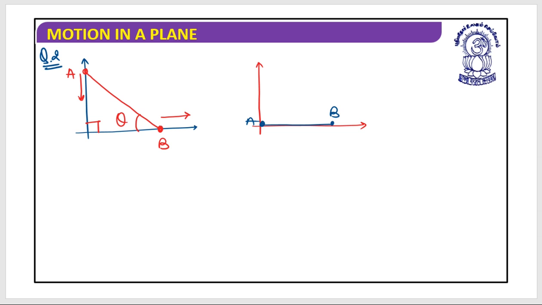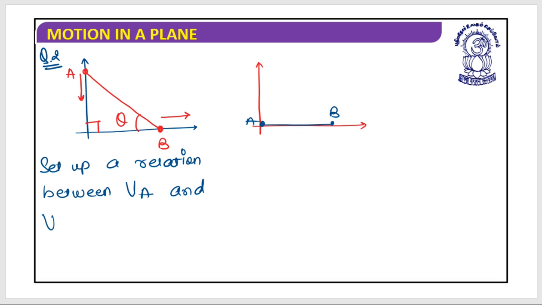I hope this is clear. Is it clear? Great. So what they want is to set up a relation between the velocity of A and the velocity of B. This is the requirement. Now, how could you do this?